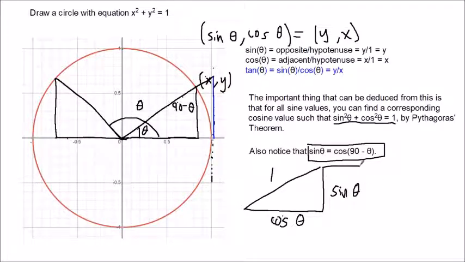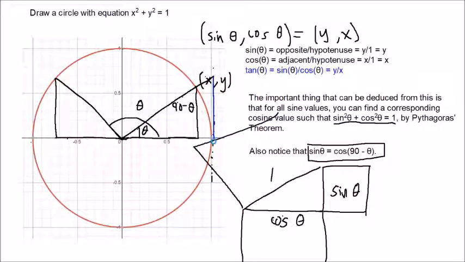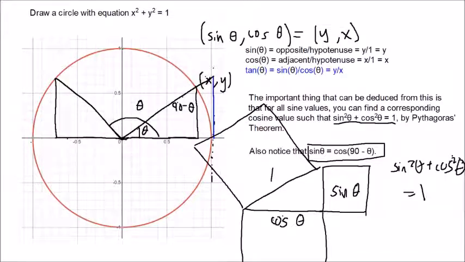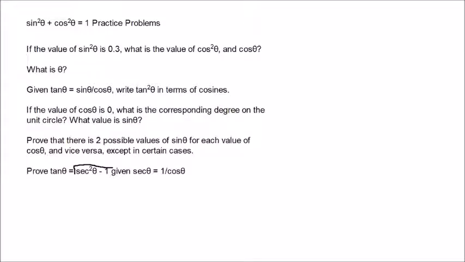So if we square this, and this, and this, you'll get the exact same thing. So sine squared theta plus cosine squared theta is equal to 1. Really interesting fact. We're going to do some proofs right now.